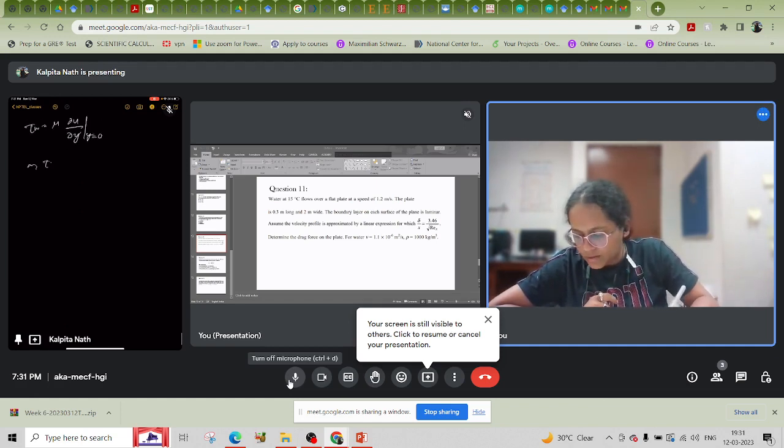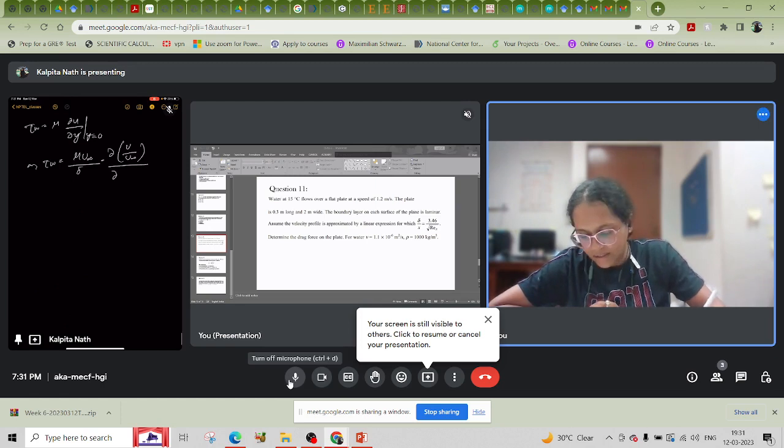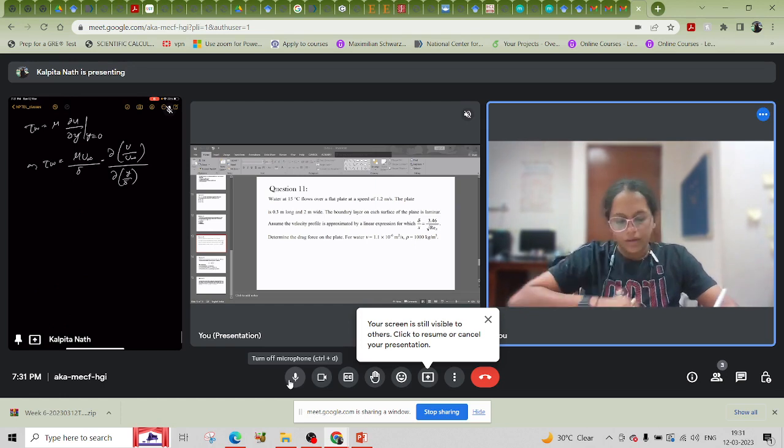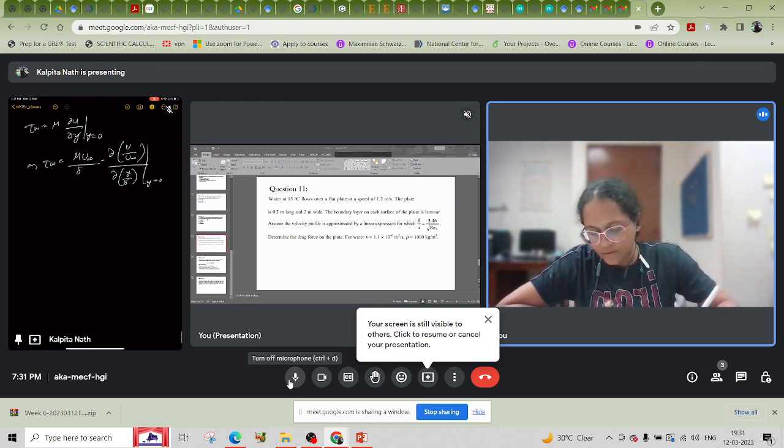Or tau w is equal to mu u infinity by delta, del of u by u infinity by del of y by delta, at y equal to 0. This is mu u infinity by delta.